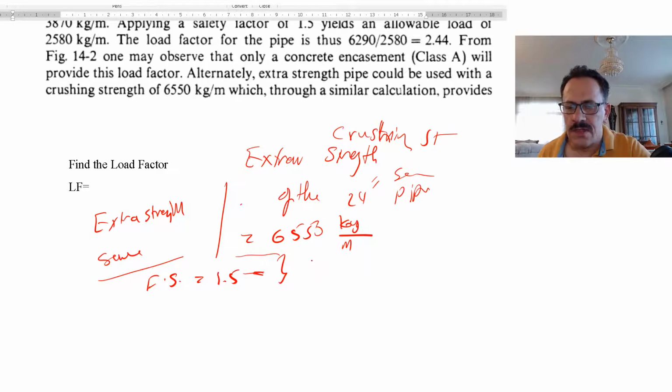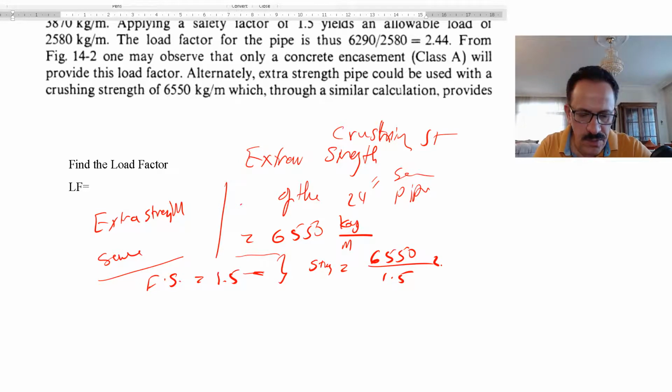Then I can say the crushing strength is equal to 6,550 divided by 1.5. What will be the result? The result will be 4,365 kilogram per meter. So this is the capacity of the sewer.